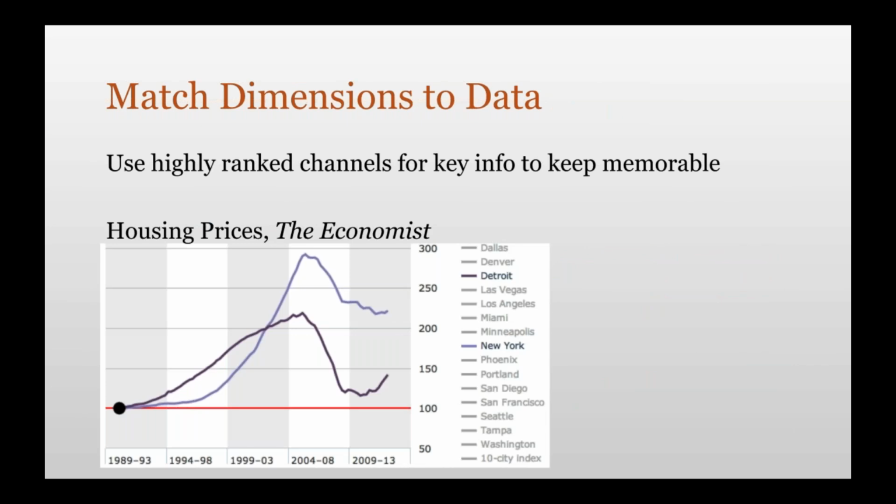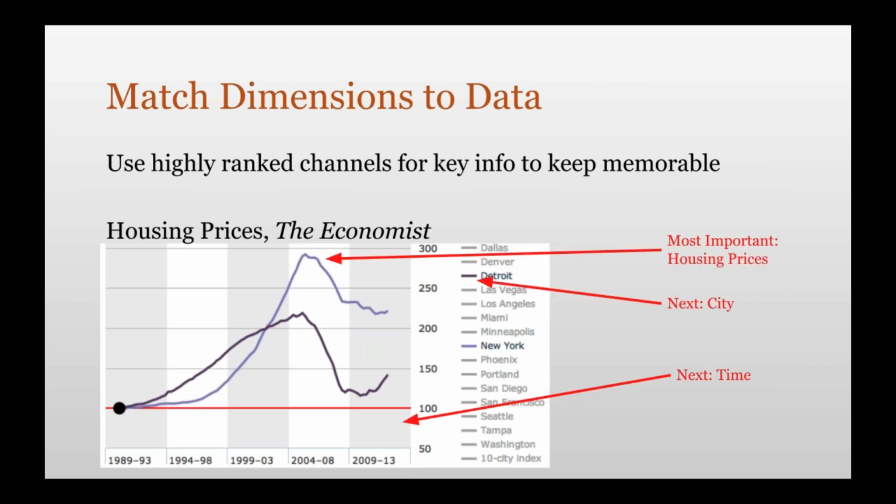So categorical, you could see the position there. Most important is the housing prices. That's being shown by position. Next is time. So most people saw a curve, and if I were to ask some more questions, some people would guess that there's changes happening over time. Joel guessed that it was the S&P 500, looking at that over time.